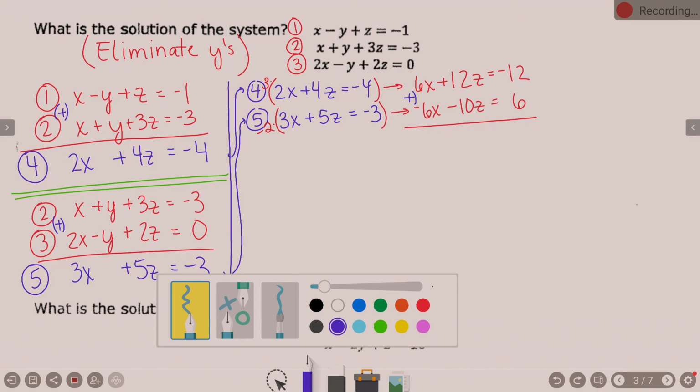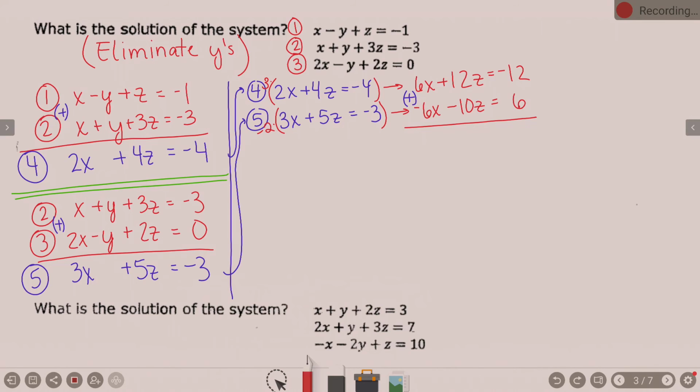Because it's positive 6x and negative 6x, we're going to add. 6x plus negative 6x cancels. 12z plus negative 10z is 2z. Carry down your equal sign. Negative 12 plus 6 is negative 6.